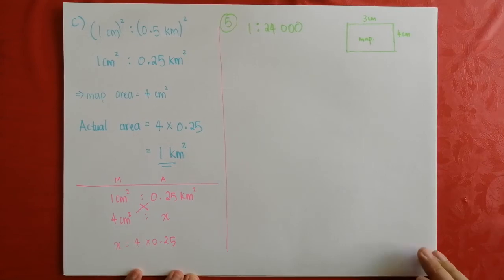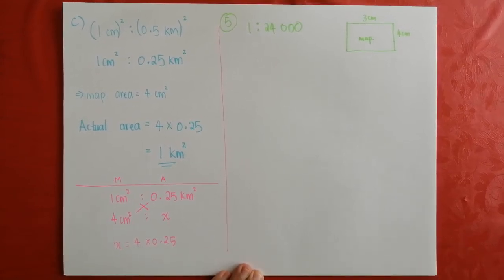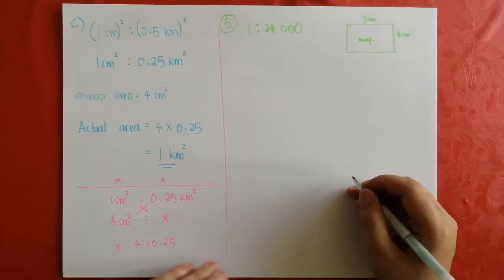Alright, if you look there, there are actually two methods, method A and method B. Let's go through method A first.